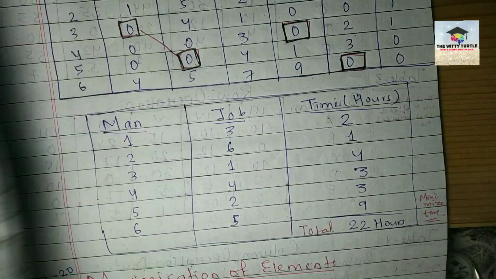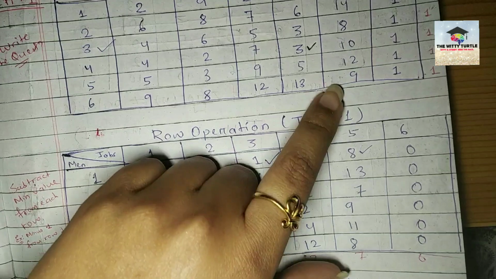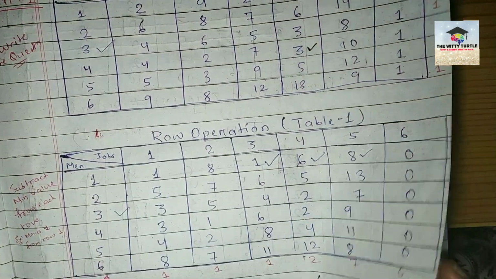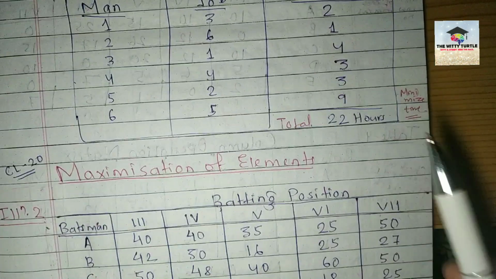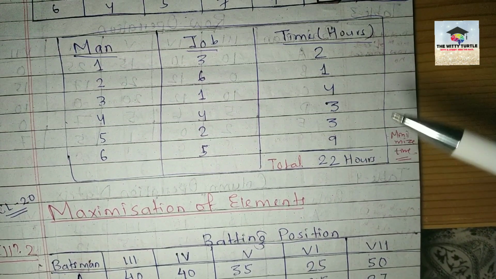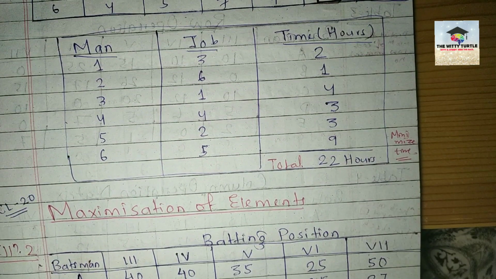And lastly, the sixth man and fifth job, that is 9 hours. Now you have to add all the hours and your total comes to 22 hours. So this is your minimum time that will be needed to complete the particular work, right?